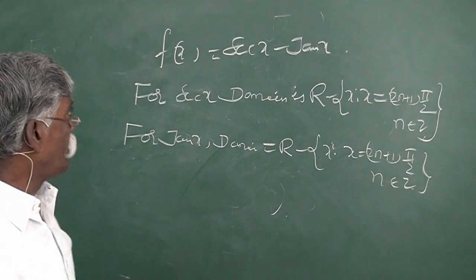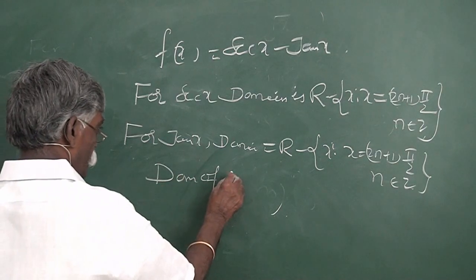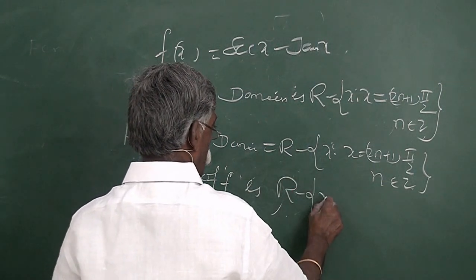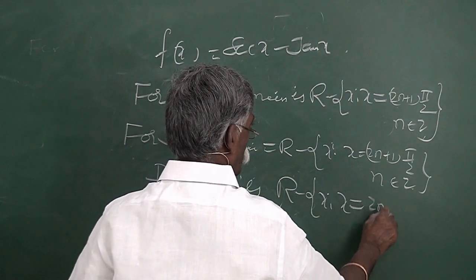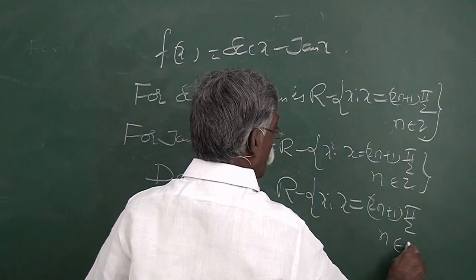So therefore the common domain for both is the domain of f, which is capital R minus x such that x is equal to (2n plus 1) into pi by 2, n belongs to Z.